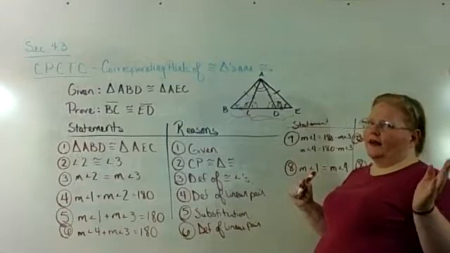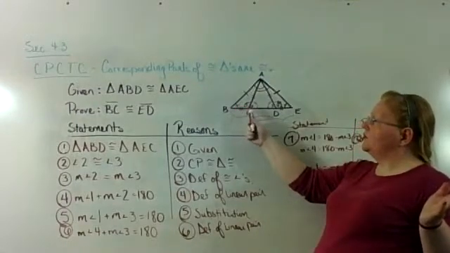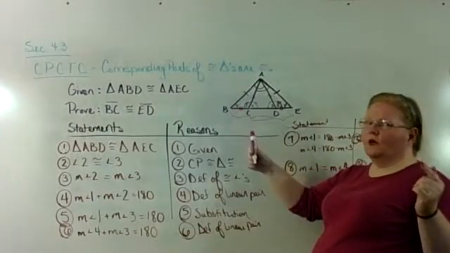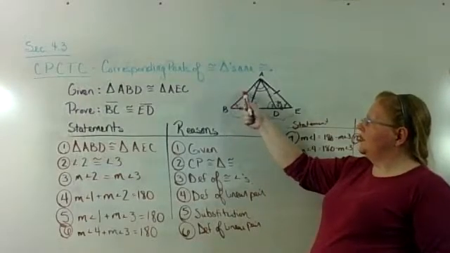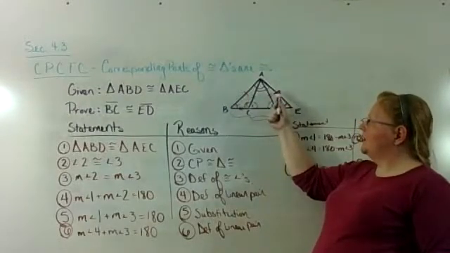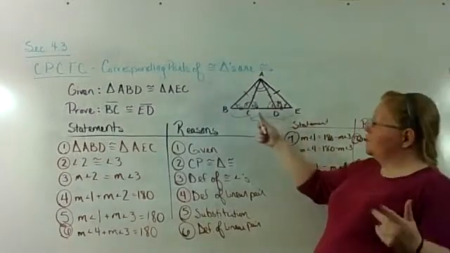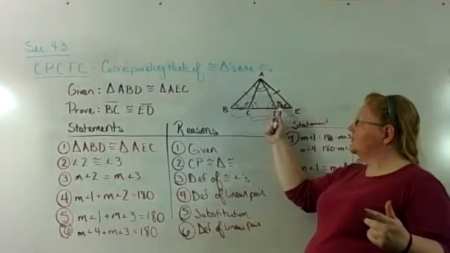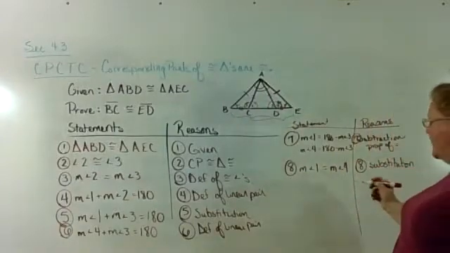So angle, side, angle. No, we have 2 angles, but we don't have the side in between. Angle, angle, side. That one we've got. We've got 1B and that one, and 4E and that one. So angle, angle, side is good. Or if you wanted to do it, you could have said B1 and that one, and E4 and that one. Either way, it's going to be by angle, angle, side.